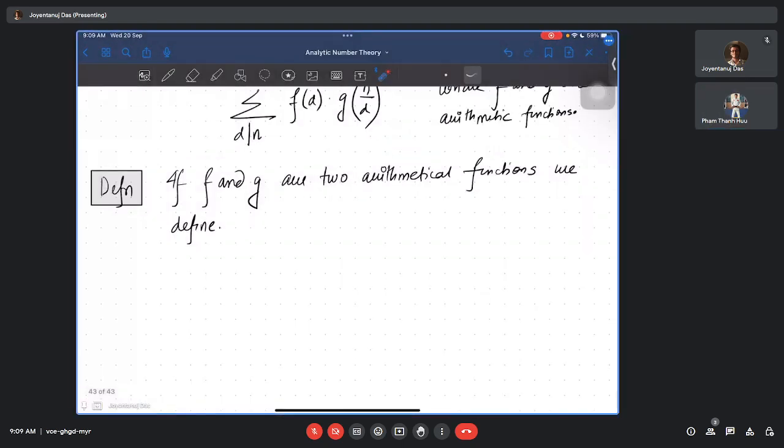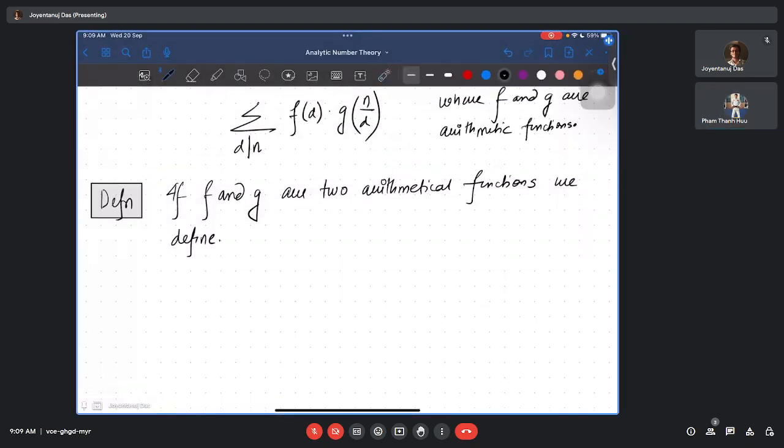So suppose we take f and g to be arithmetic functions.